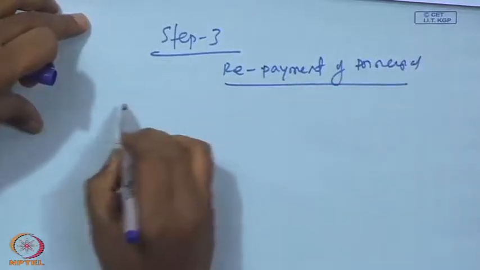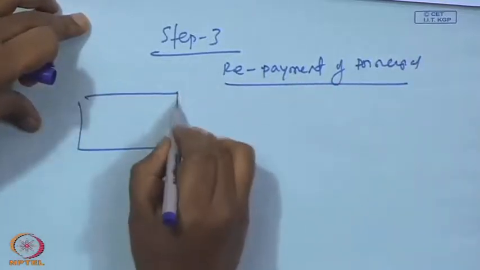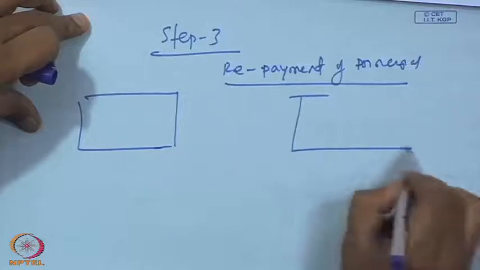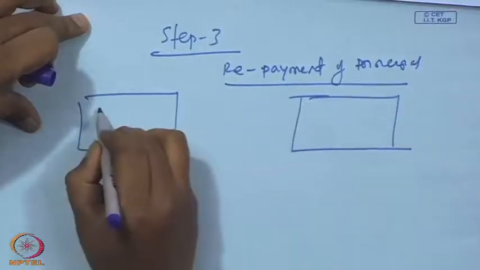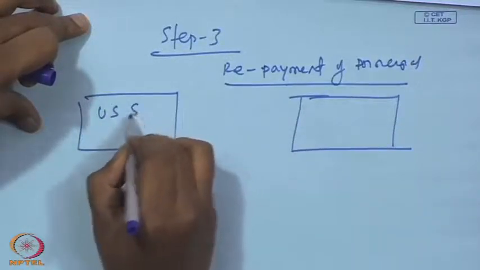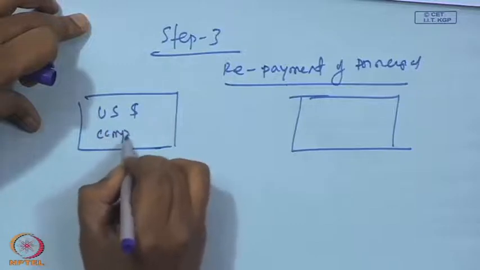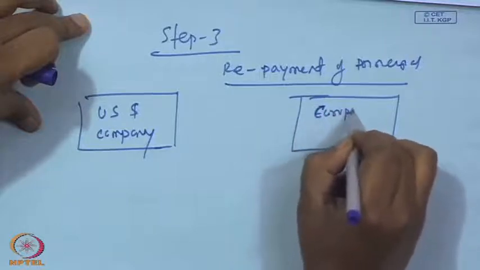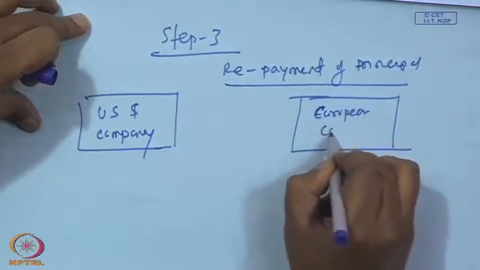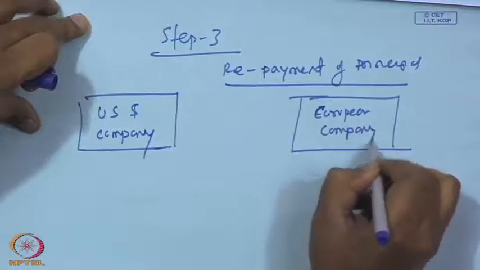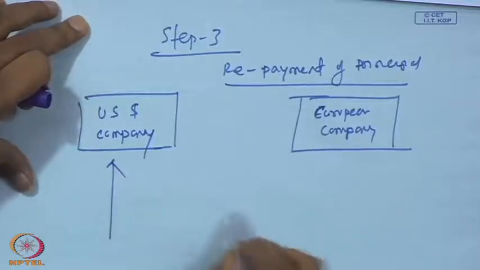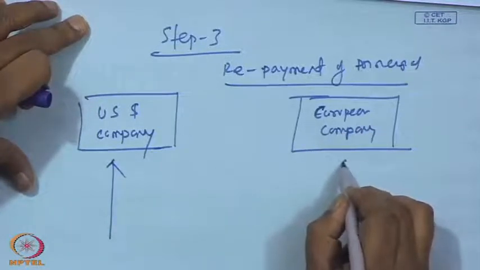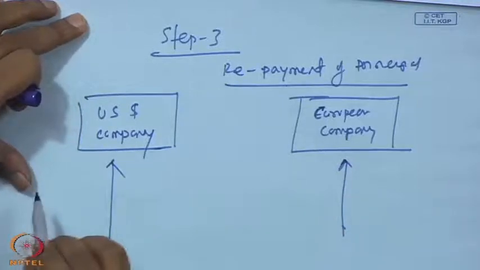As I mentioned earlier, company A is the US dollar company, and company B is the European company. The principal transaction will take place.